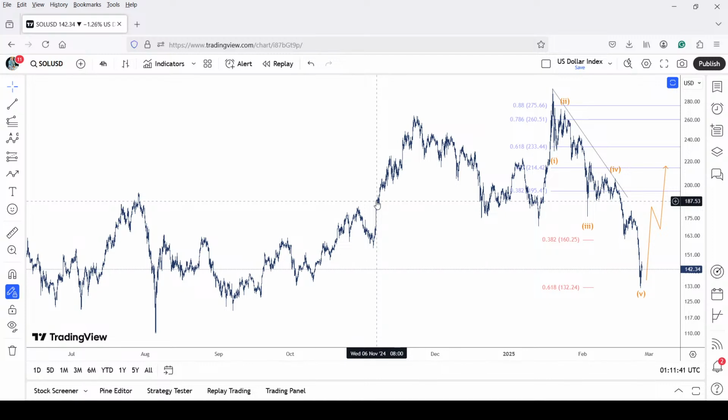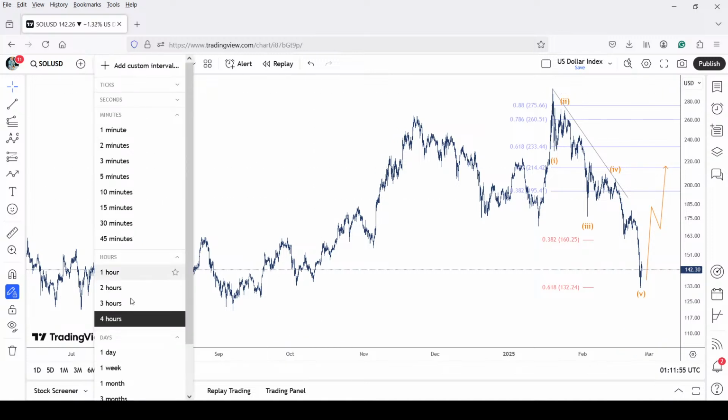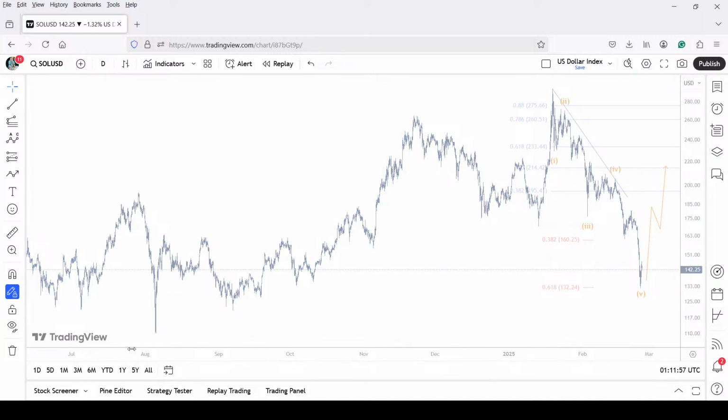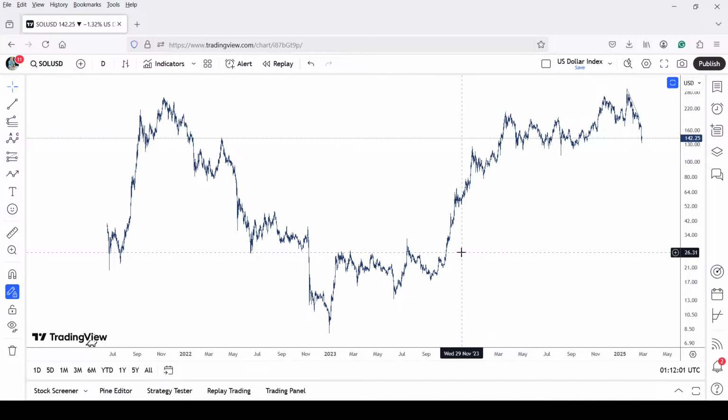It's only about a direction. Once the five waves structure is clear, and it is clear here, the next move is going to be ideally a three-wave corrective rally, and then going forward, it's projected much lower. But we'll just hang around for a while.